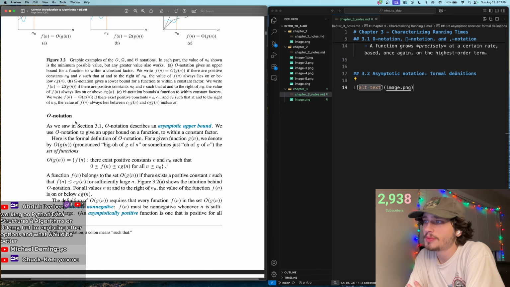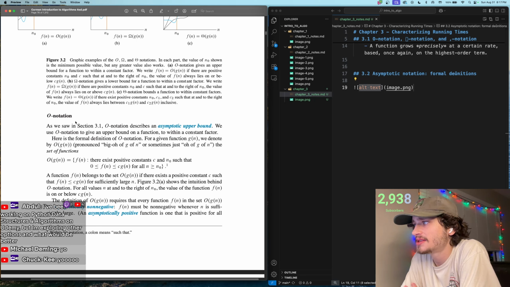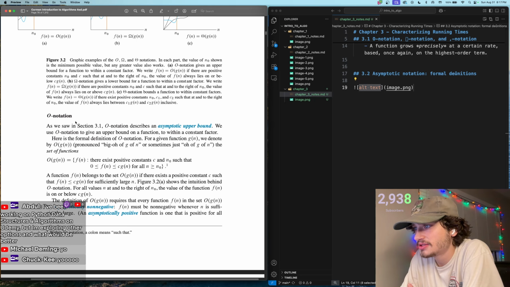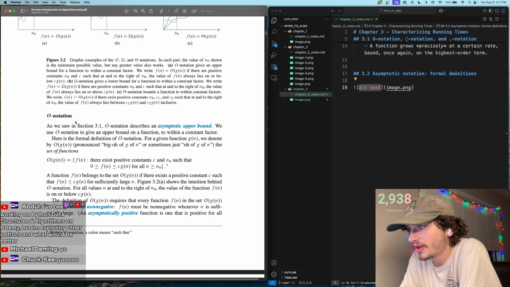As we saw in section 3.1, O notation describes the asymptotic upper bound. We use O notation to give an upper bound on a function to within a constant factor. Here's the formal definition of O notation. For a given function g of n, we denote by O of g of n, pronounced big O of g of n, or sometimes just O of g of n, the set of functions: O of g of n is equal to the set of f of n such that there exist positive constants c and n naught such that 0 is less than or equal to f of n, which is less than or equal to c times g of n, for all n greater than or equal to n naught.